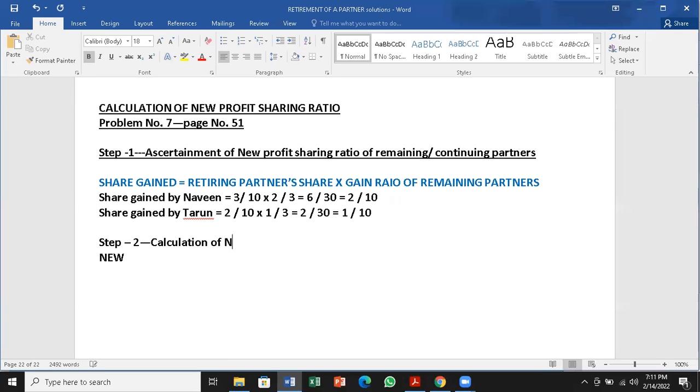So how is it 1 by 10, sir? One second. What is the ratio here? Yeah, not 1 by 10. Sorry, it is 2 into 2 by 30. So we can't do it otherwise. Divide by 2, it's not possible.